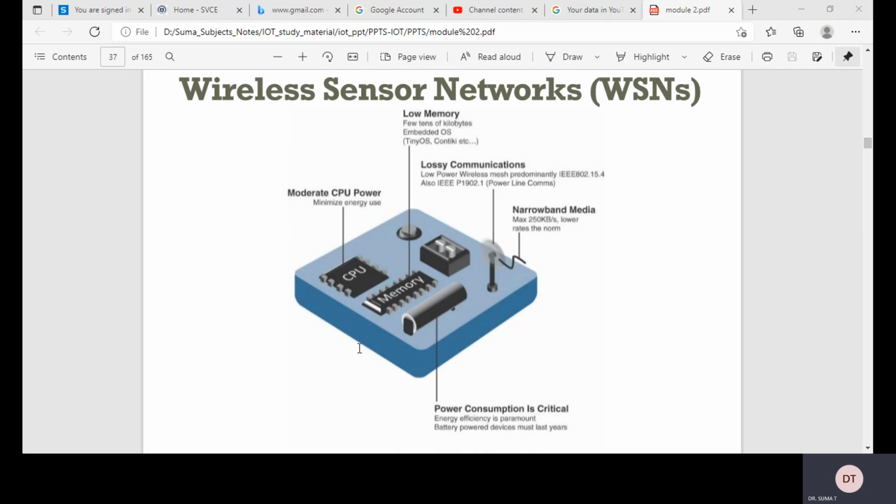And narrowband media is a maximum of 250 kilobits per second, with lower rates being normal. Lossy communication, that is low power wireless mesh technology IEEE 802.15.4, also IEEE P1901.2, that is power line communications, and you have low memory, a few tens of kilobytes embedded in the operating system.